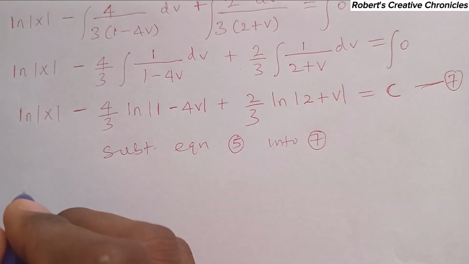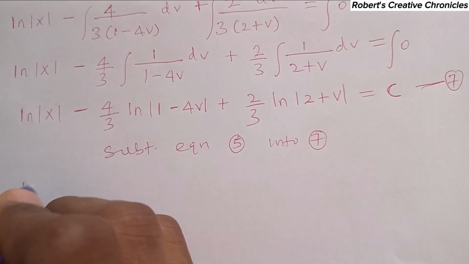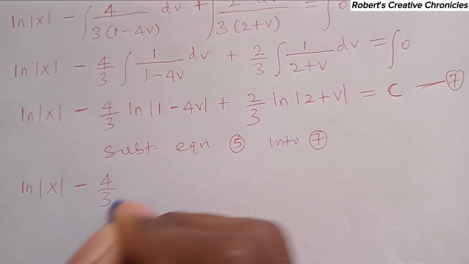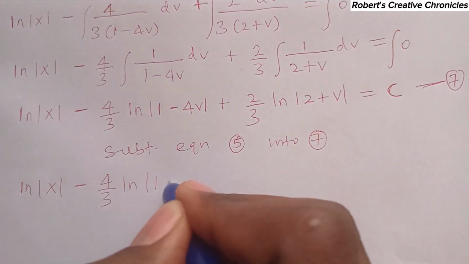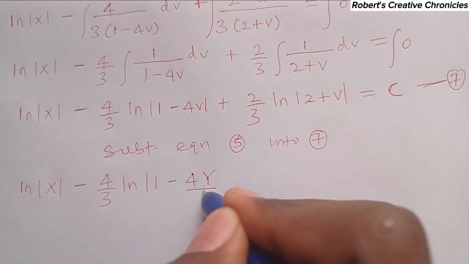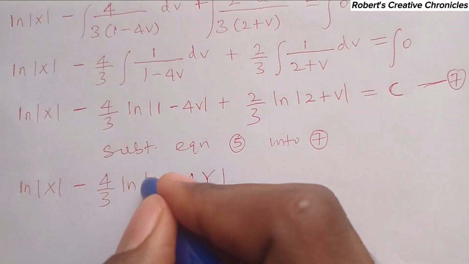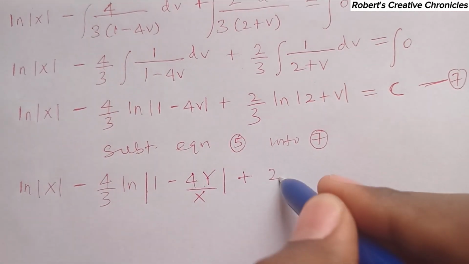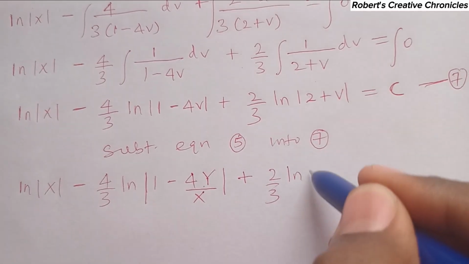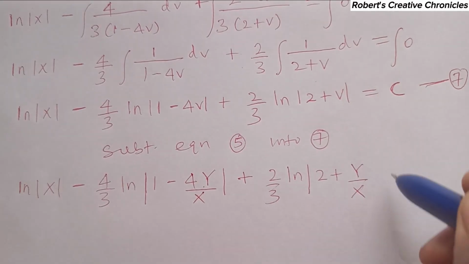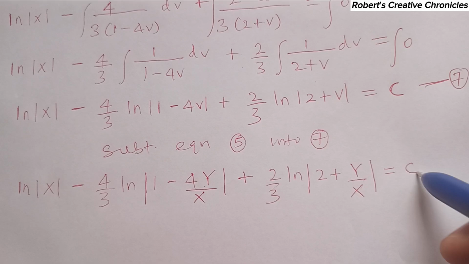So the expression will now become ln x minus 4 over 3 ln of 1 minus 4 y over x, plus 2 over 3 ln of 2 plus y over x, equals c.